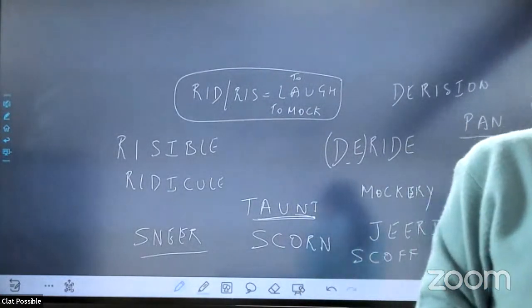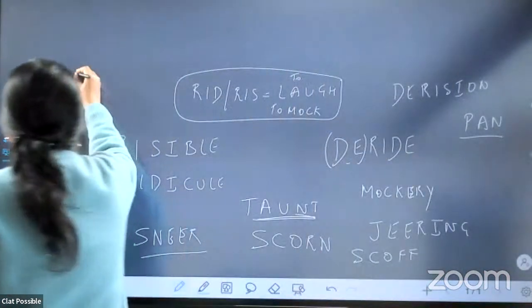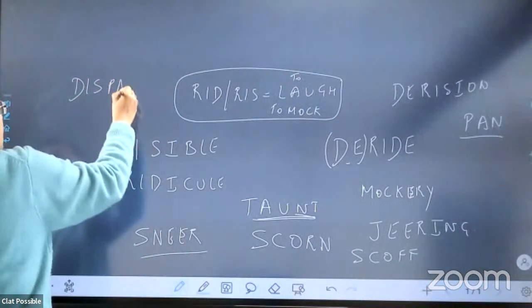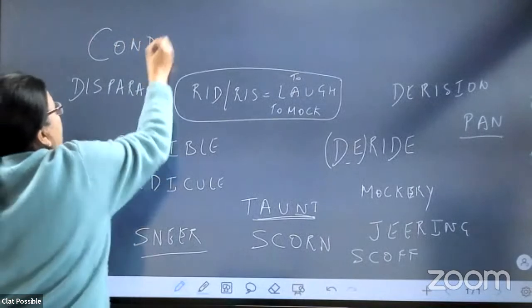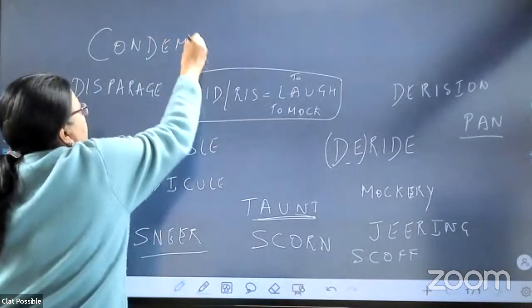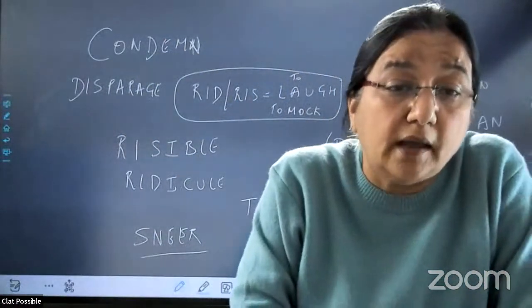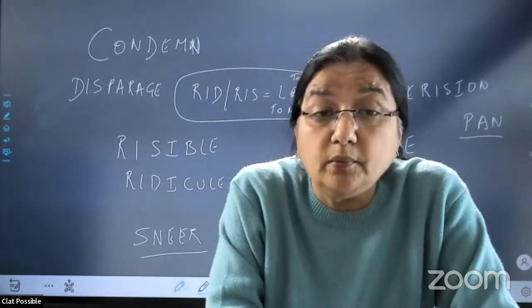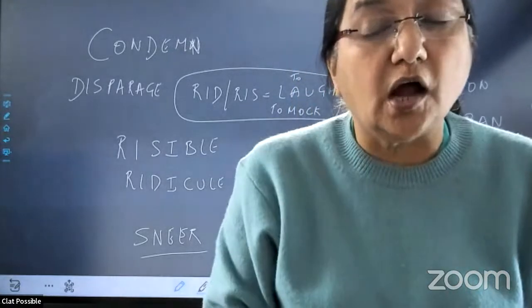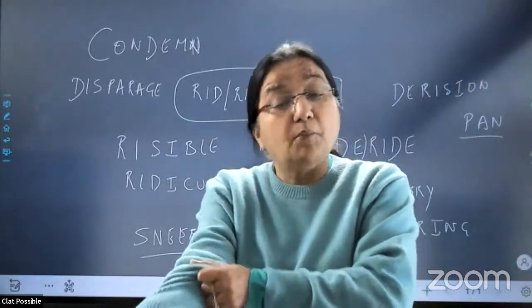So it can be: a jeering remark from the opposition leader was derisive. A jeering remark is another word we're going to prepare with this, which is disparage. Condemn. Now look, here it is condemn and there it was obloquy. In obloquy you can condemn me too, but obloquy is not derisive. In obloquy you are only ruining someone's reputation, you are backbiting, gossiping. But in derision you are mocking him.